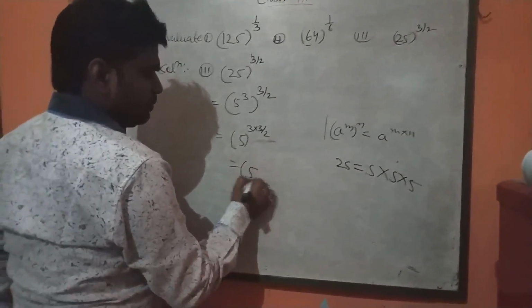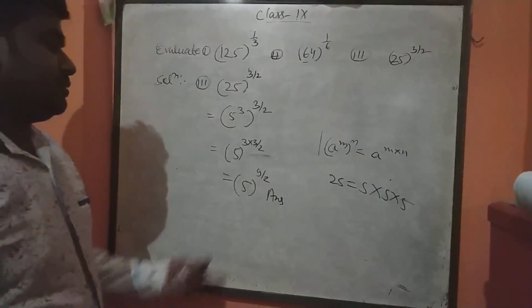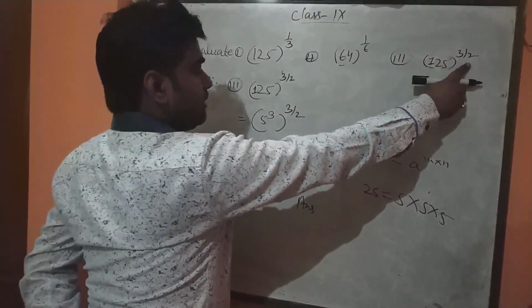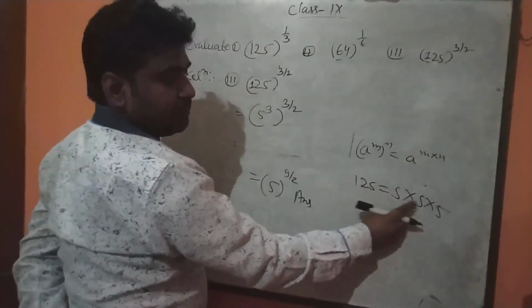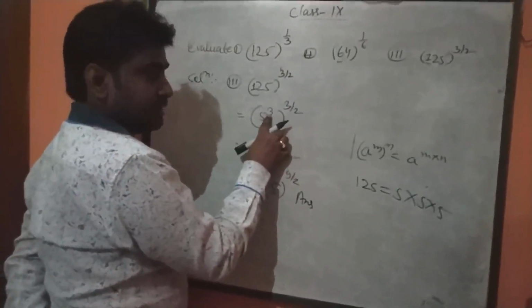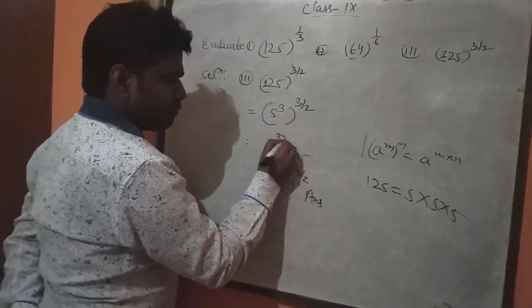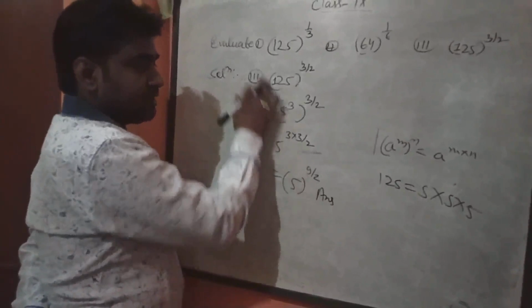It gives 5 to the power 9 by 2. Sorry, here it is 125 to the power 3 by 2. So it may be written as 125 is 5 into 5 into 5. So (5 to the power 3) to the whole power 3 by 2. It gives 5 to the power 3 into 3 by 2, and it gives 5 to the power 9 by 2. So it's our solution. Thank you.